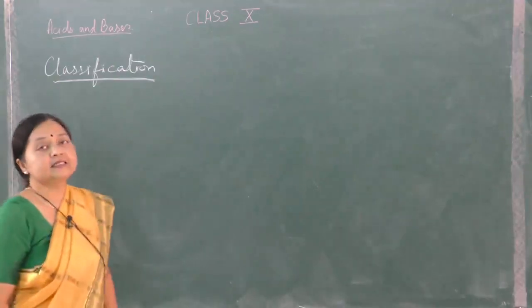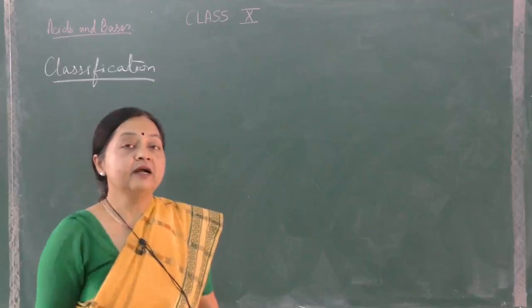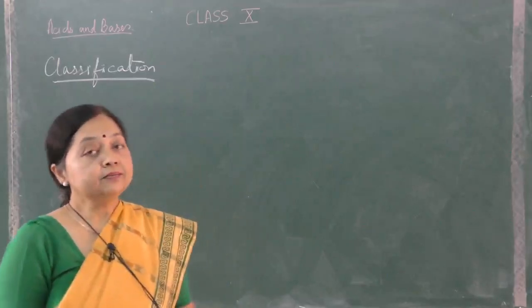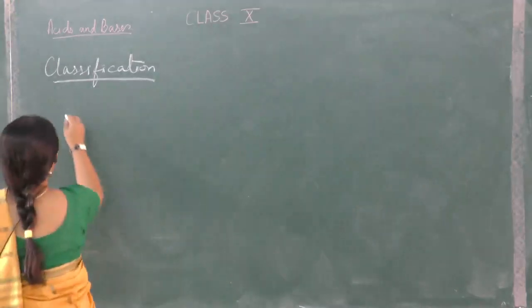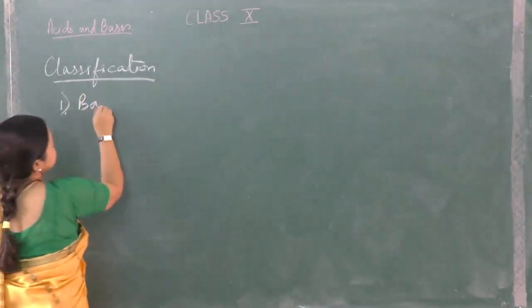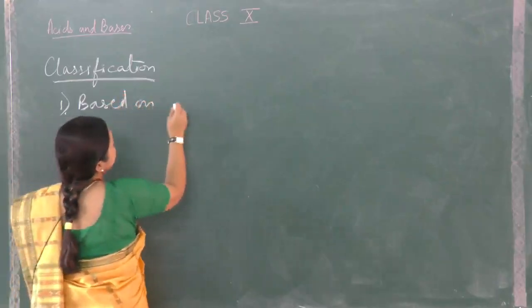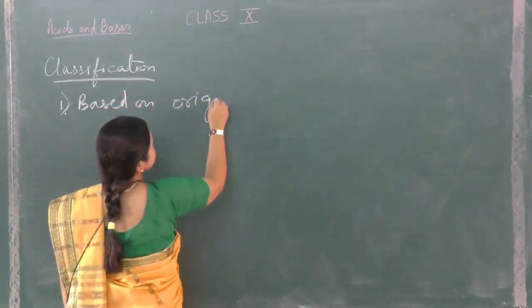Classification of acids. Various types of classifications are there. First of all, organic and inorganic acid. That is the classification based on origin or source.